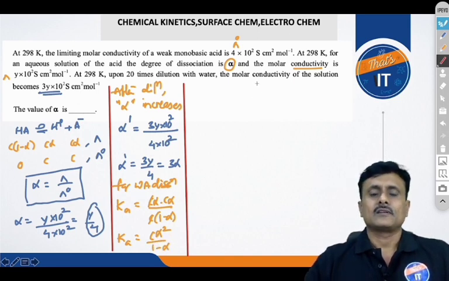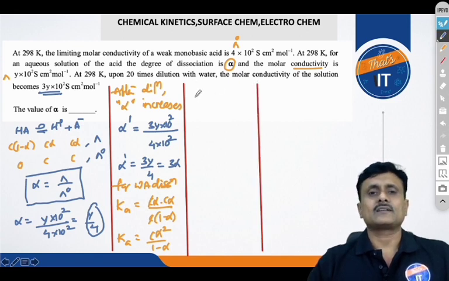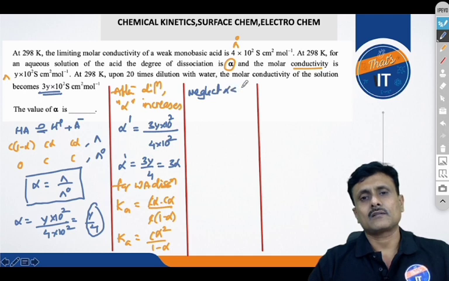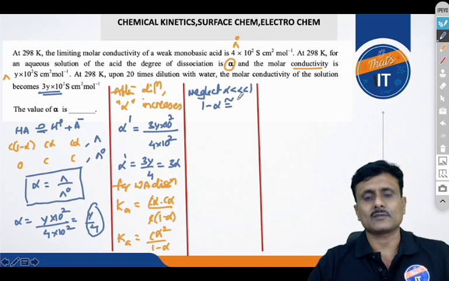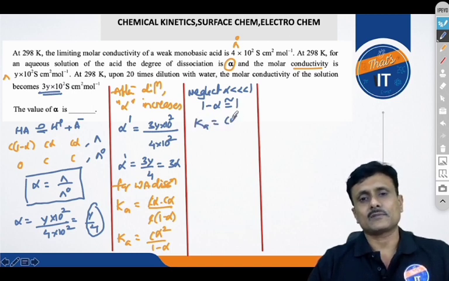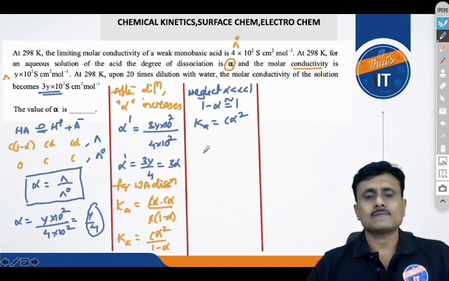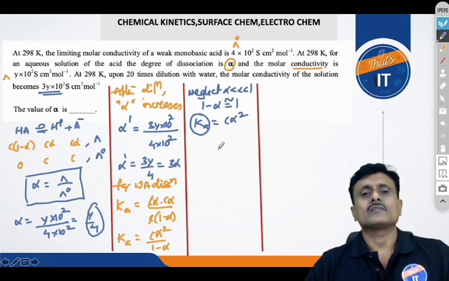Now, you can neglect alpha compared to 1, assuming alpha is very much less than 1, I will write 1 minus alpha equal to 1. So, K equals C alpha square, or you can take the whole equation and simplify that, right? Using this expression, Ka values are nowhere mentioned, isn't it?